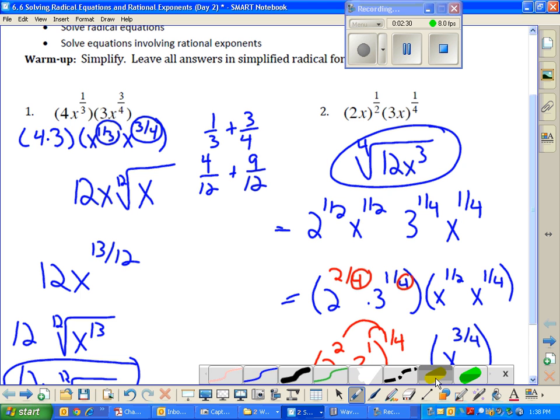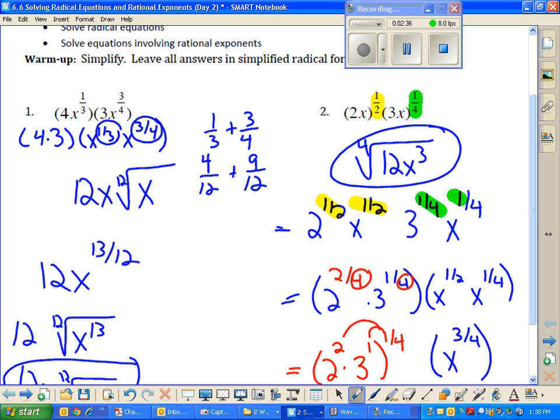I took my 1/2 and distributed it in, and then I took my 1/4 and distributed it in there. That's the first step. Everybody okay so far? Next step, I used the associative property of multiplication to rearrange the multiplication and make the problem a little bit easier.